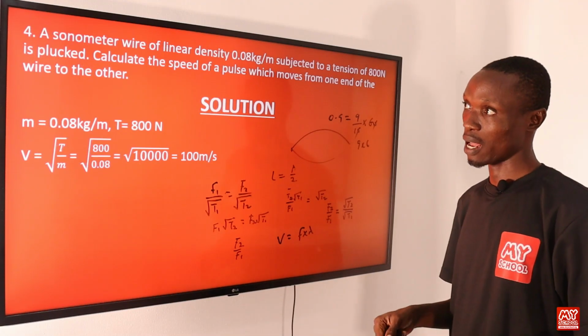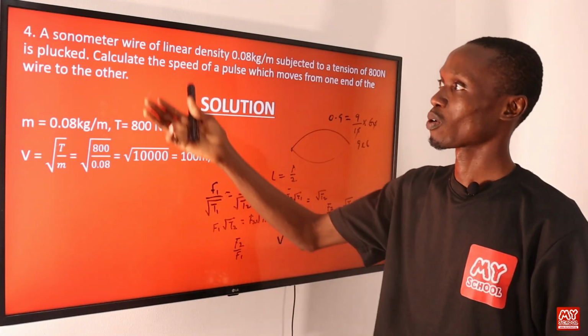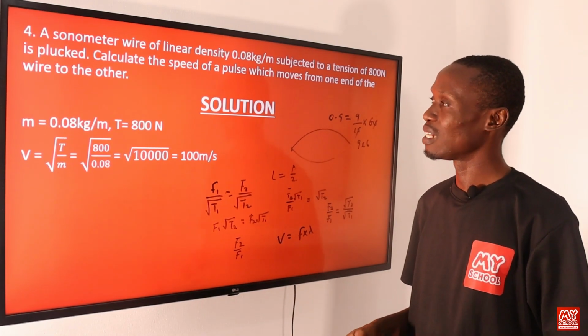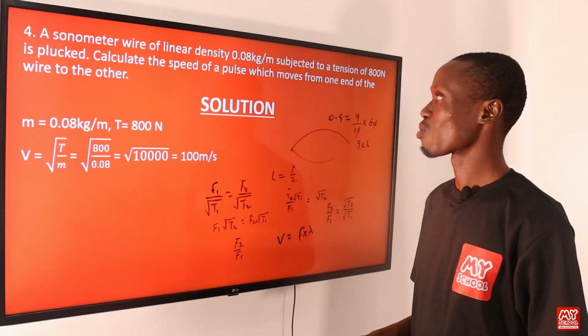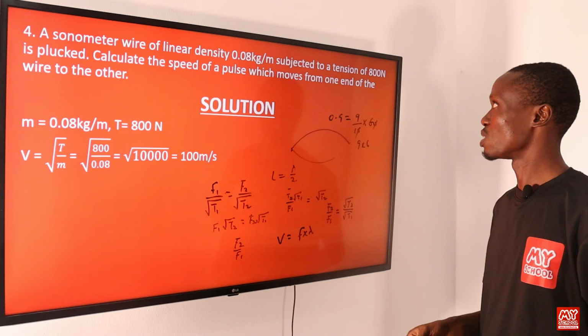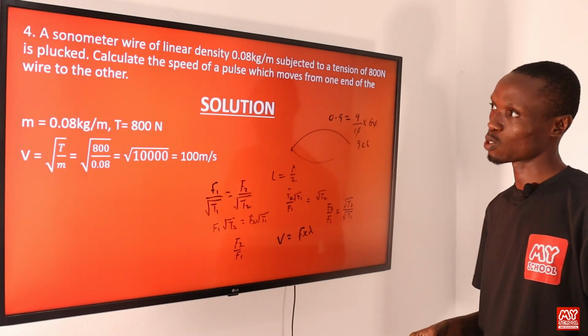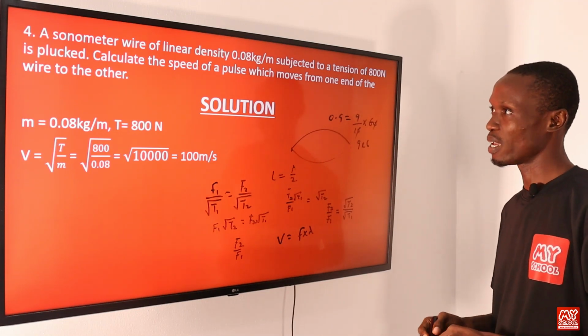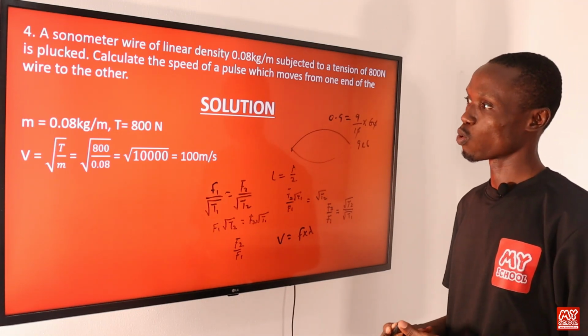So this should be the last example for today, okay, which is example 4. A sonometer wire of linear density 0.08 kilogram per meter subjected to a tension of 800 Newton is plucked. Calculate the speed of a pulse which moves from one end of the wire to the other.